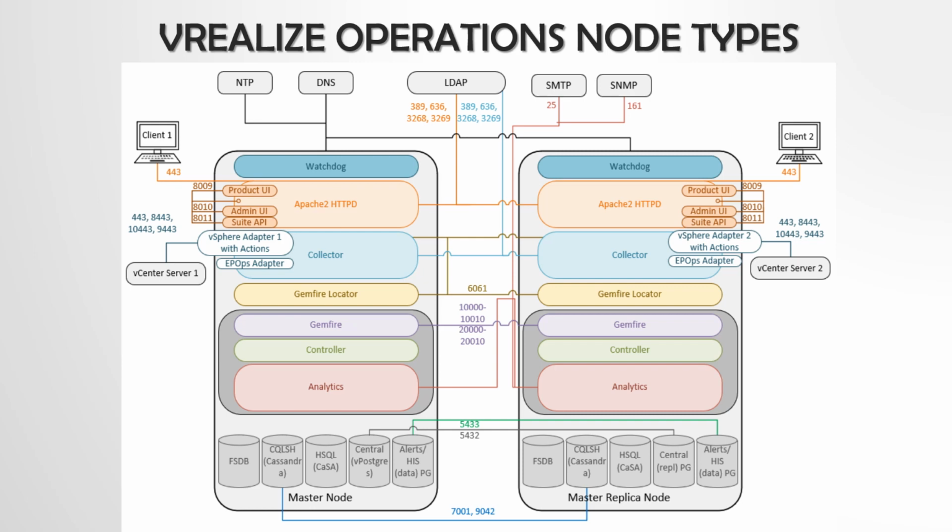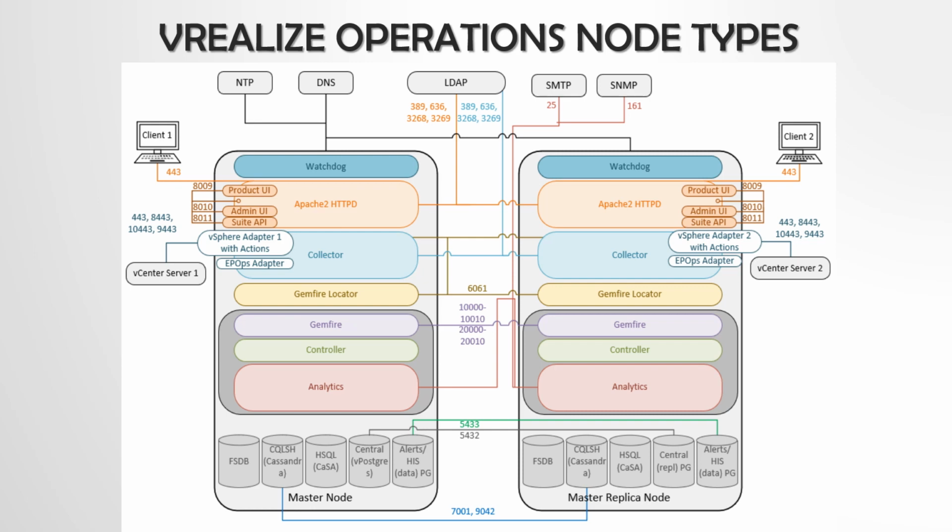Now this is the network time protocol, which is basically used for time synchronization of all the nodes of the vROPs cluster. And the reason we do it is because we want all the nodes to have the correct and same time. Now a vROPs cluster can have an external NTP server or an internal NTP server.